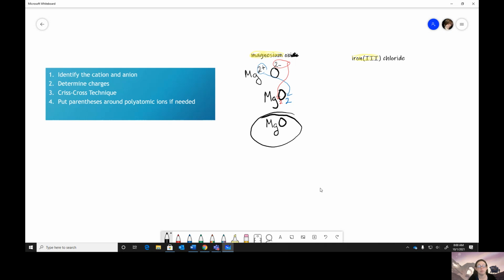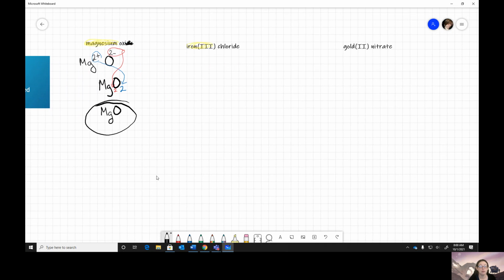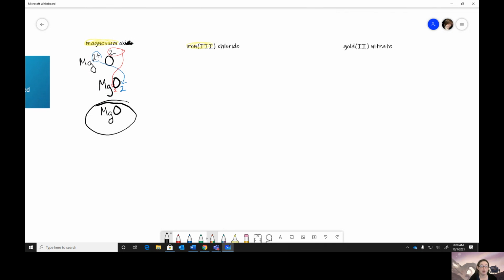Now let's look at iron 3 chloride. We're going to identify our cation and our anion. So our cation is iron. Our anion starts with chlor. If we look at the periodic table, remember that only those nonmetals in groups 15, 16, and 17 become anions.